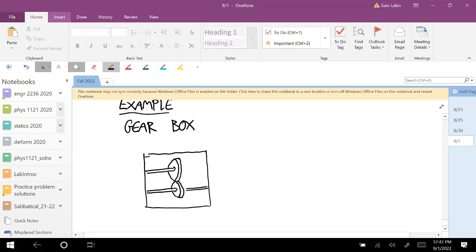Those are supposed to be round. The top gear is turned with a work 1. So this is the input work. And that has the effect of turning the lower gear the opposite direction. That's the output work. Call that W2.